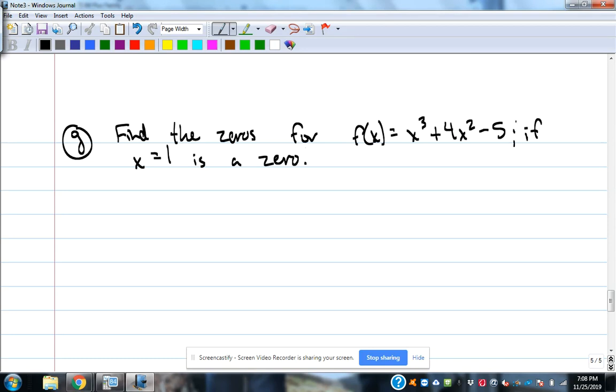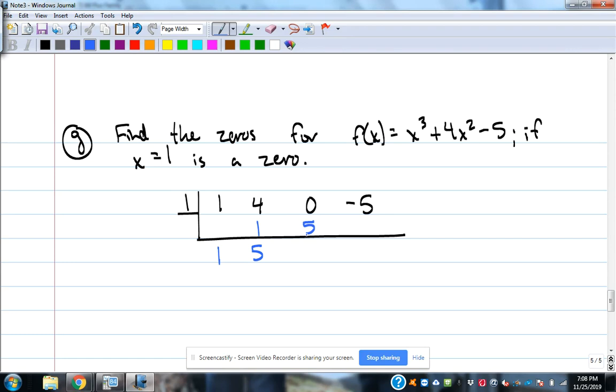So they're telling us if x equals 1 is a 0, find the rest of them, okay? So I would set up my synthetic division and run the synthetic division to break this polynomial down. They gave me one of the zeros. There should be 2 more to find because the degree is 3.